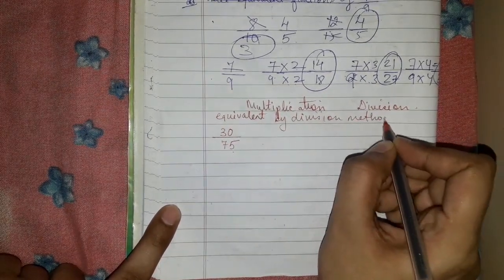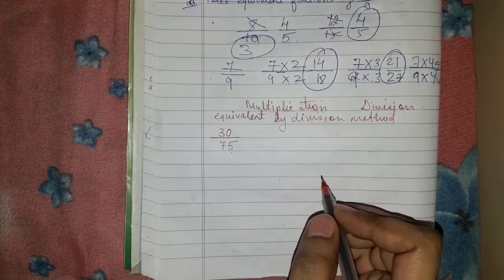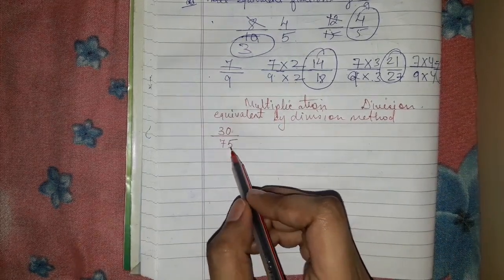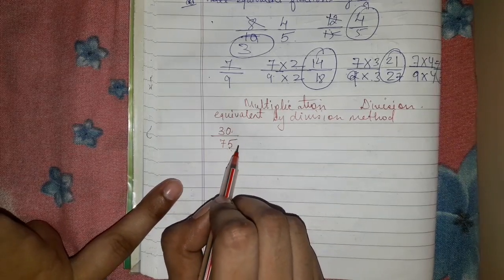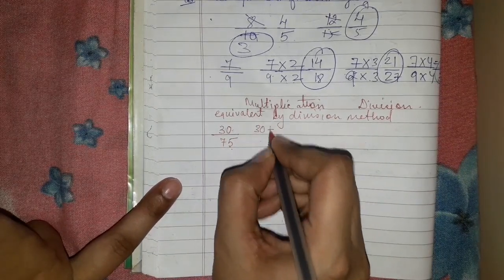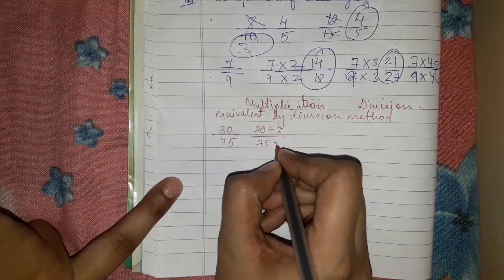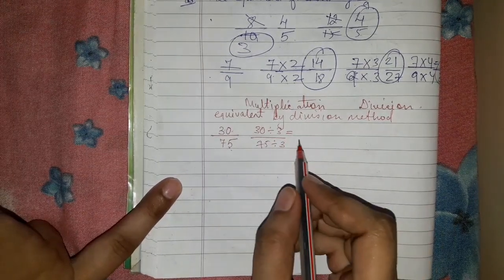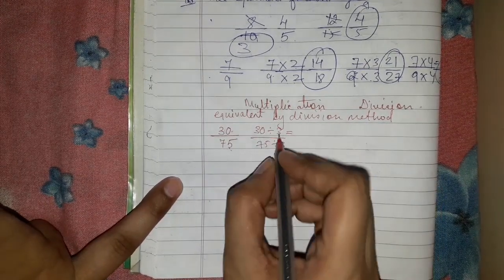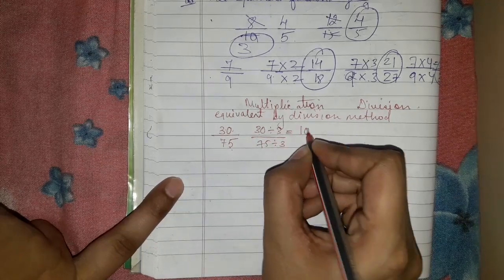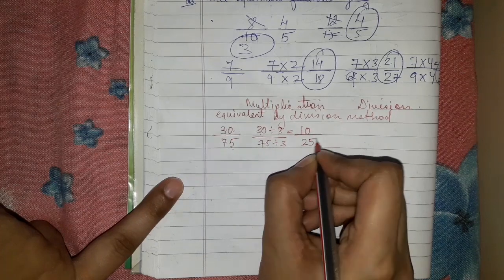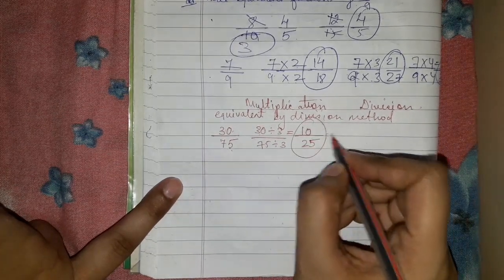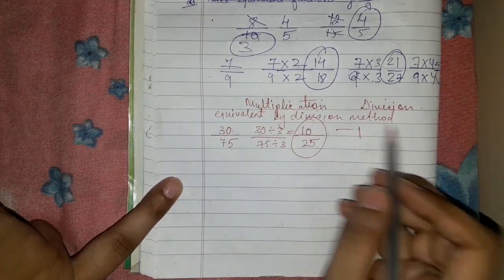What I'll do is think of a number which can divide both the numerator and the denominator. The first number I take is 3. If I divide 30 by 3 and 75 by 3, I get my first equivalent fraction. 30 divided by 3 is 10 and 75 divided by 3 is 25. This is my first equivalent fraction by the division method.